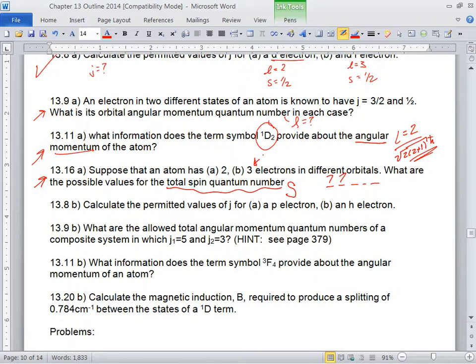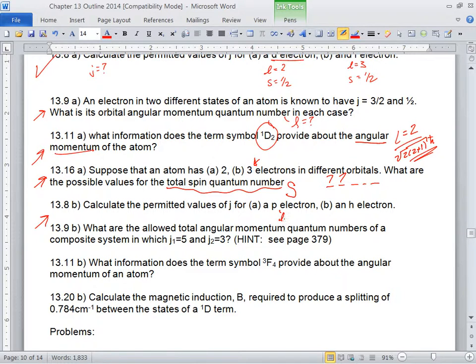Okay, you're comfortable with 16? See what to do? In 8, calculate the permitted values of J for a p electron. Now again, that's small j. So how do you get small j? Of what? Little l and little s. They should have told you enough information to get what little l and little s are, and you couple them.